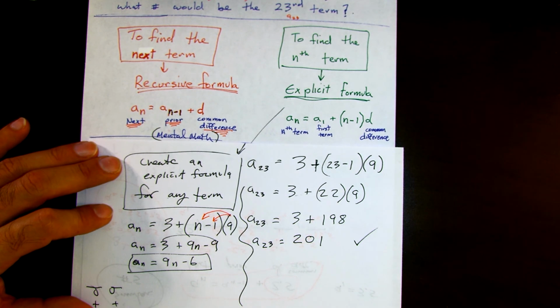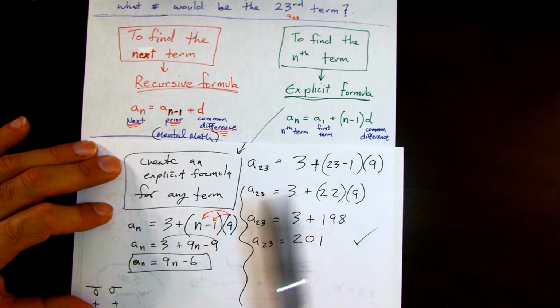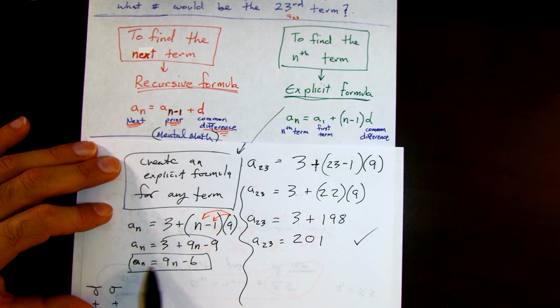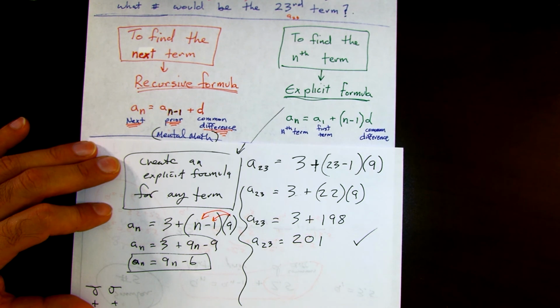So if we were using this to find the 23rd term, we would put a sub 23, plug in 23 here, and you'll end up with 201 as well. 9 times 23 is 207, and then you minus 6, you get 201.